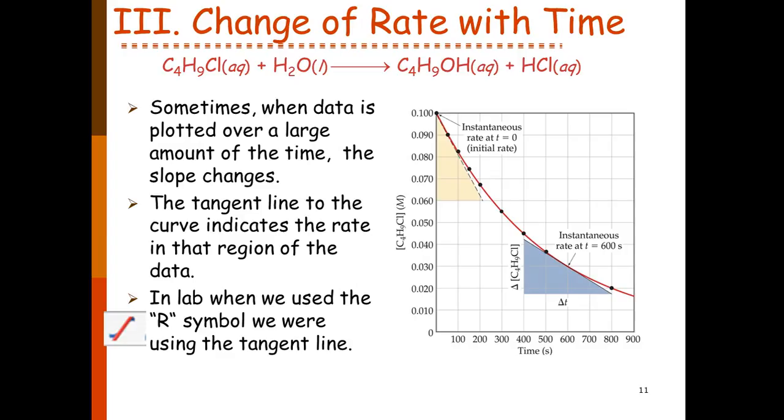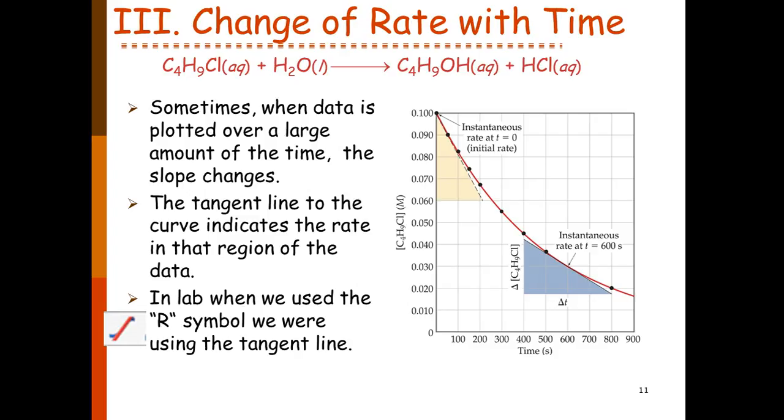If we plotted the data with the y-axis being C4H9Cl and the x-axis being time, we would get a curve that looks like the plot. We would see that the initial rate, the instantaneous rate at time equals 0, is different than the instantaneous rate at time equals 600 seconds.